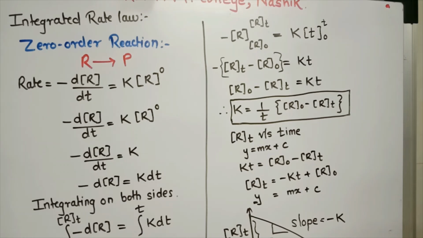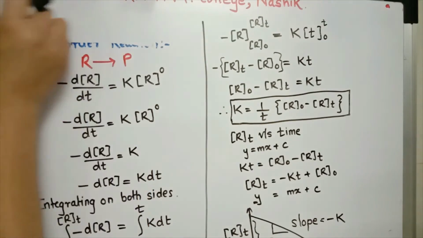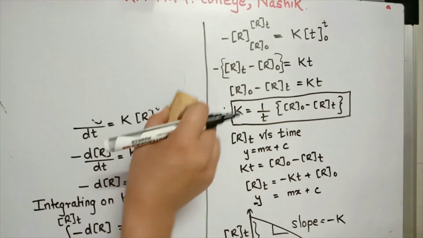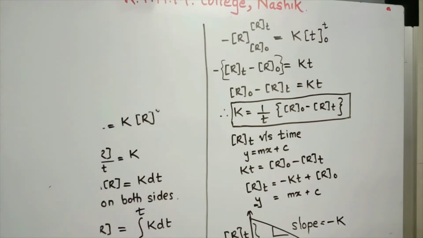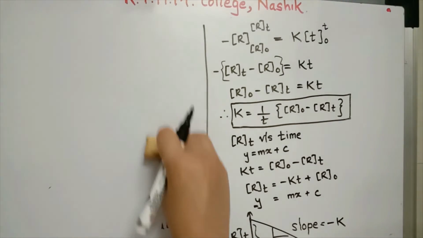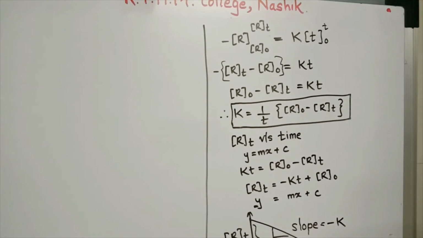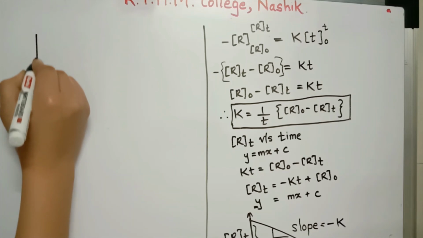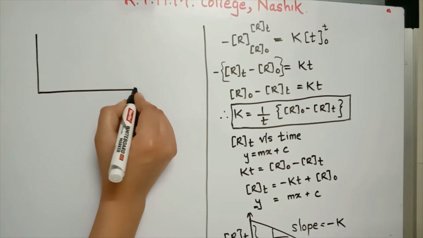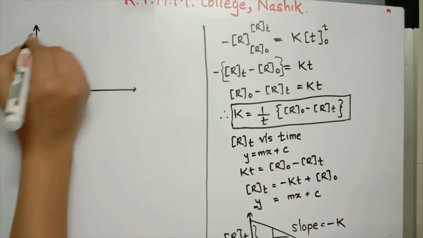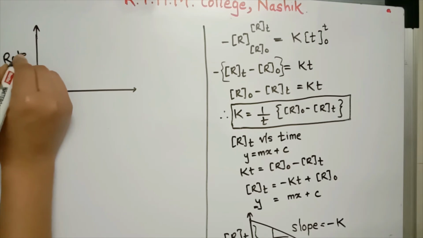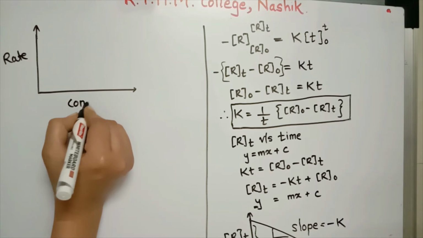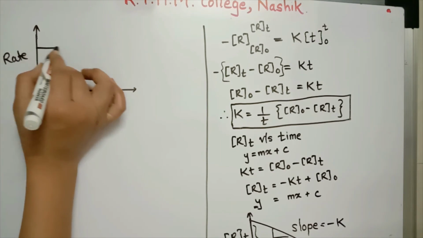If we take the graph of rate versus concentration, it will be a straight line.